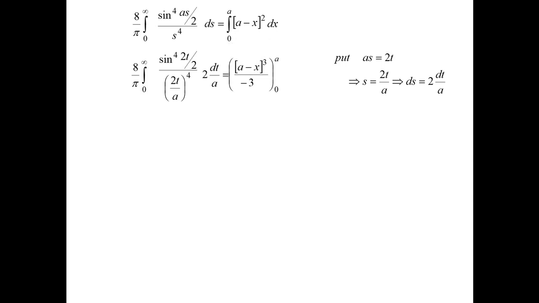Substitute this value here, we get 8 divided by pi integral over 0 to infinity, and sine power 4 as by 2 where as is 2t, so 2t by 2, divided by s, which is 2t by a, the whole power 4, and ds is 2 dt by a, equal to the right hand side term. When we integrate a minus x the whole square, we get a minus x the whole cube by 3. The coefficient of x is minus, so that minus will come in the denominator. And then the upper limit and lower limit we put as it is.